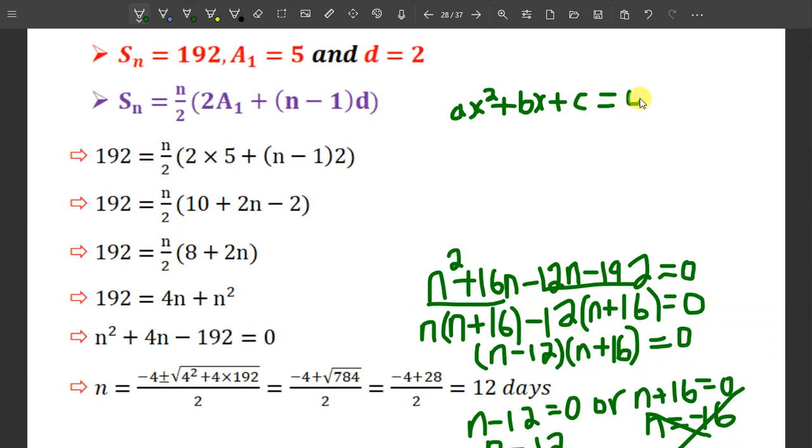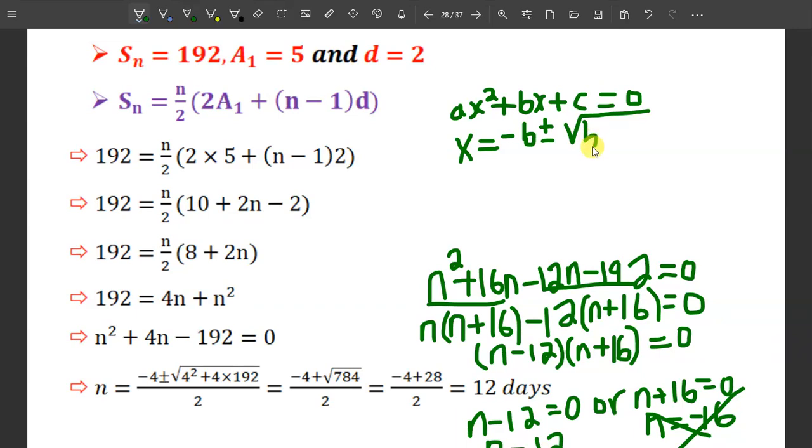Provided that a is different from 0, this kind of equation is said to be a quadratic equation. The derivation is available, but we will see it when we are dealing with solving quadratic equations in our coming sections.